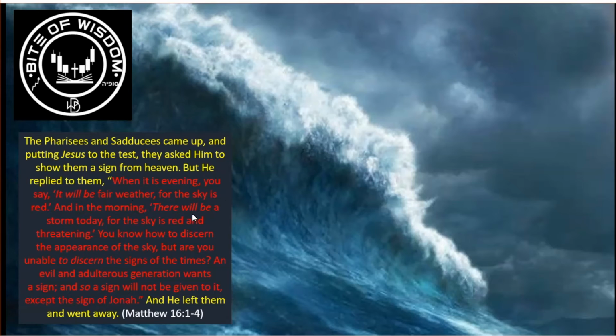And in the morning, there will be a storm today, for the sky is red and threatening. You know how to discern the appearance of the sky, but are you unable to discern the signs of the times? An evil and adulterous generation wants a sign, and so a sign will not be given to it except the sign of Jonah. And he left them and went away.